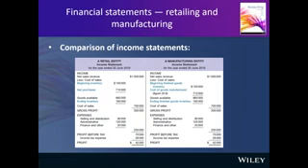And this is the report here. If you look here in the manufacturing statement, we still have your sales, and then we have finished good opening plus cost of good manufactured. Compared to the retail type of business, they have net purchases.